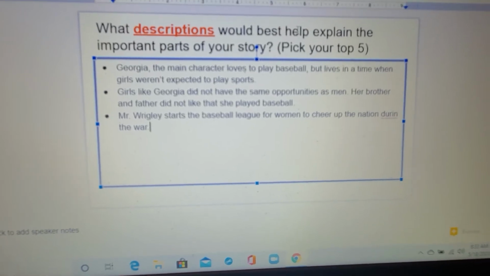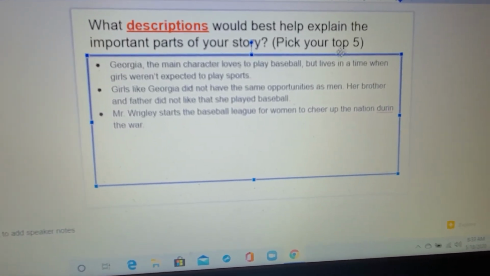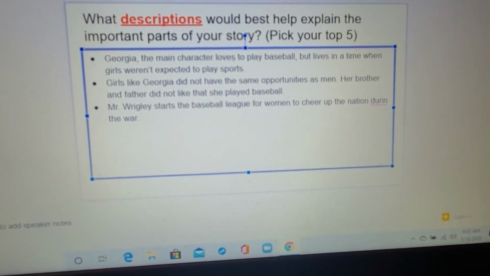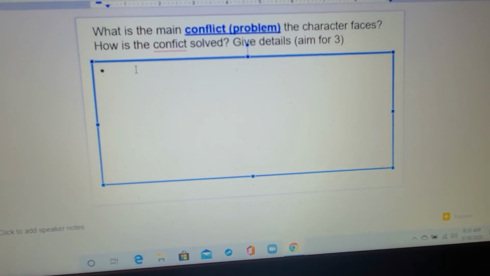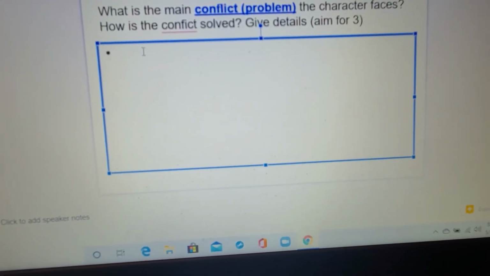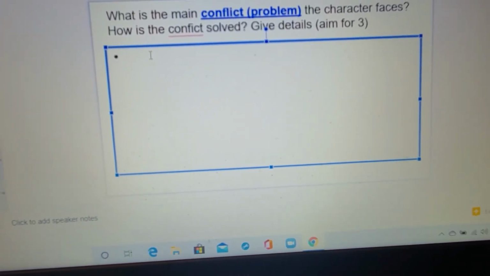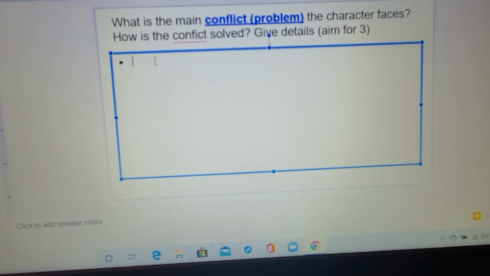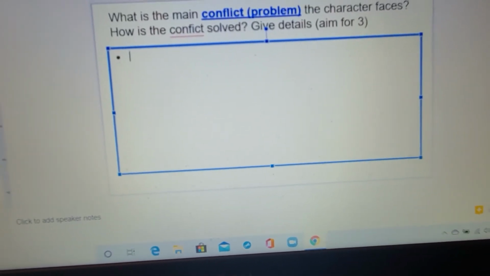Now, I want you to pick 5. I stopped at 3 just to give you an idea. But you want to go back and find descriptions to help. Now, the conflict is the major problem. The major problem that Georgia faces is that she wants to play baseball in a time when, like I said, it wasn't expected that women would play. And she's given an opportunity when she's approached by 2 scouts.